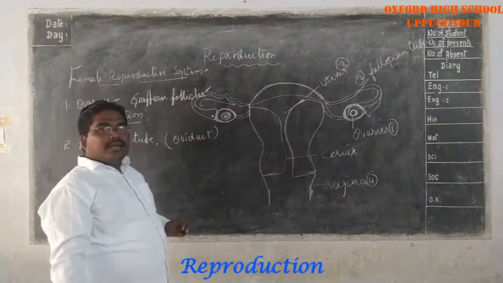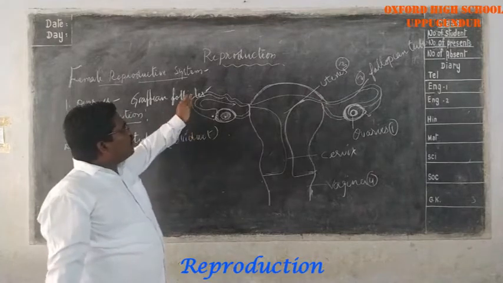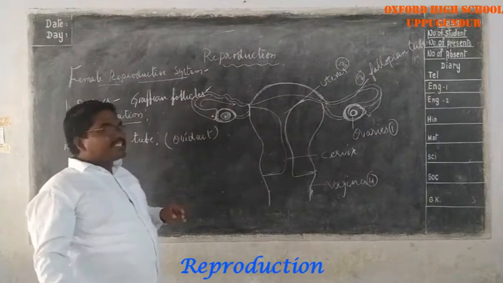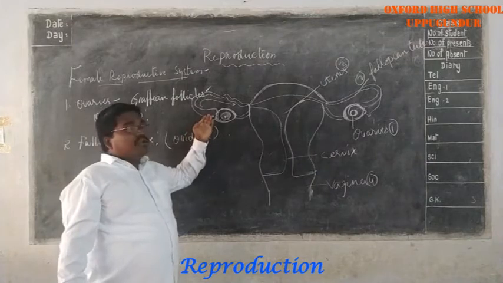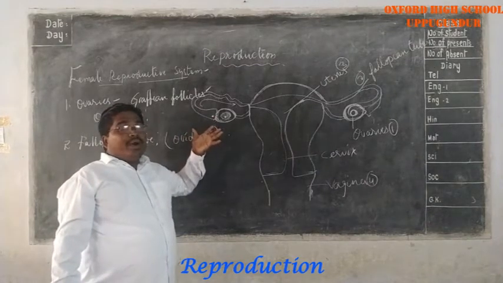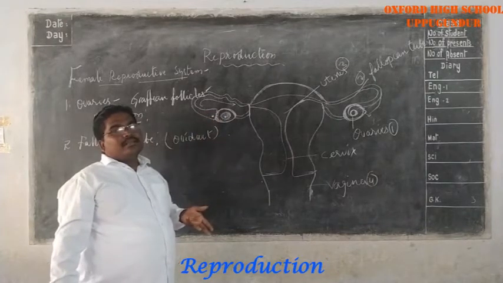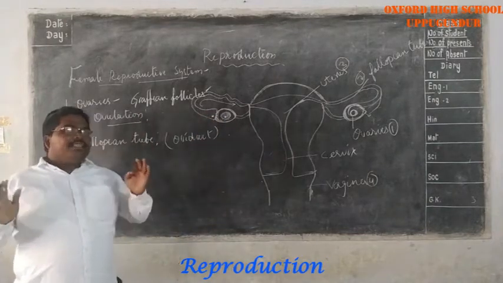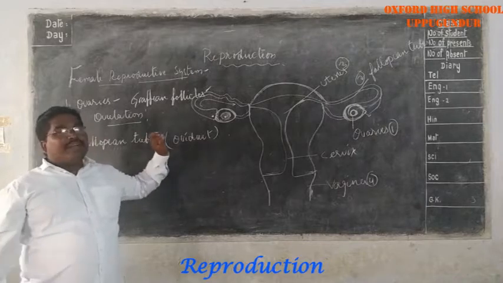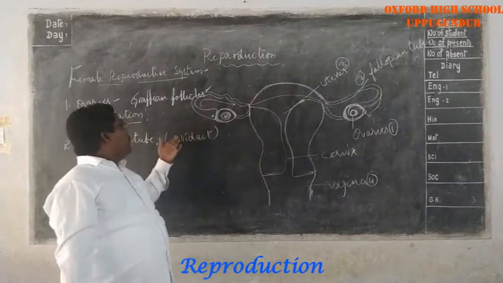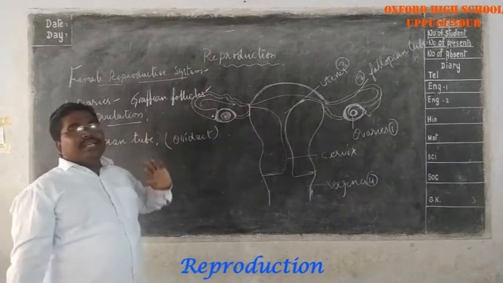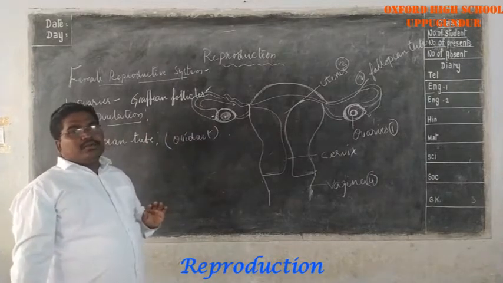The ova travel through this oviduct. First of all, the ova enter into this widened funnel-like structure called the oviduct. The fallopian tube is also known as the oviduct.